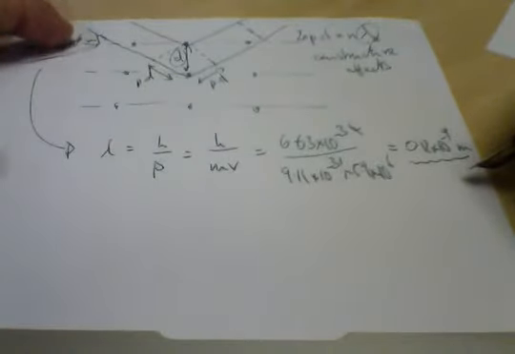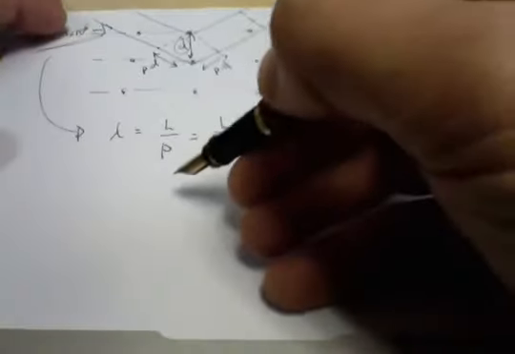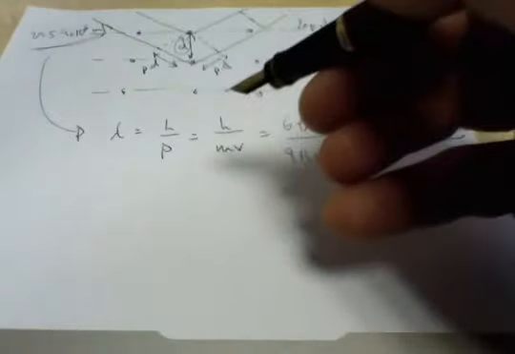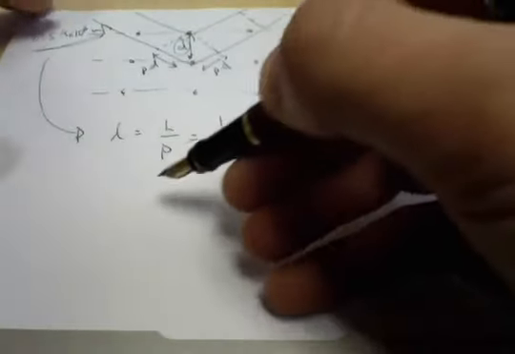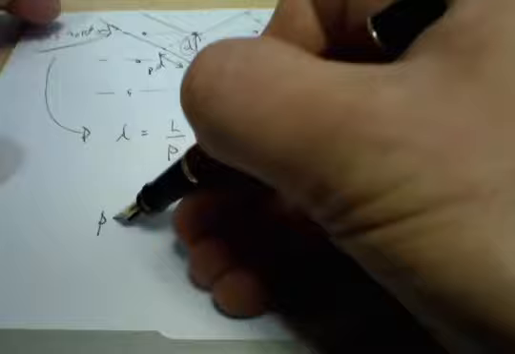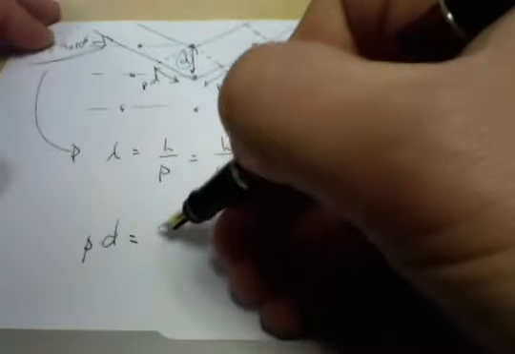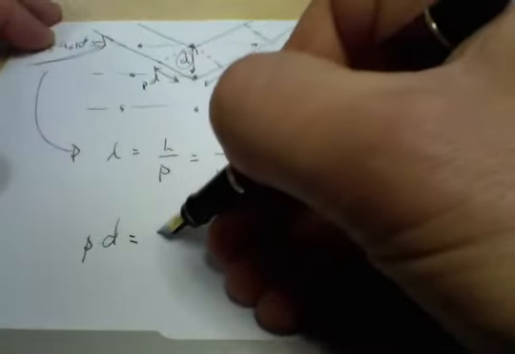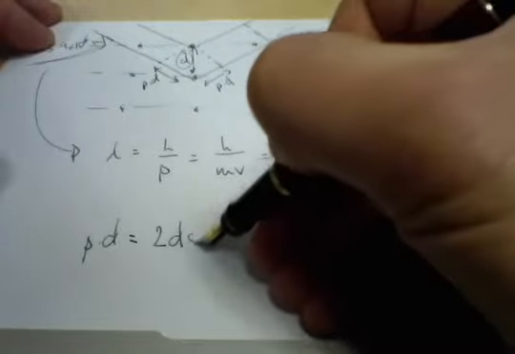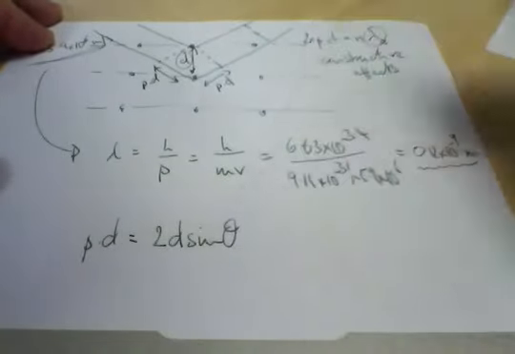And then they worked out that the path difference is going to be equal to 2 lots of d sine theta.